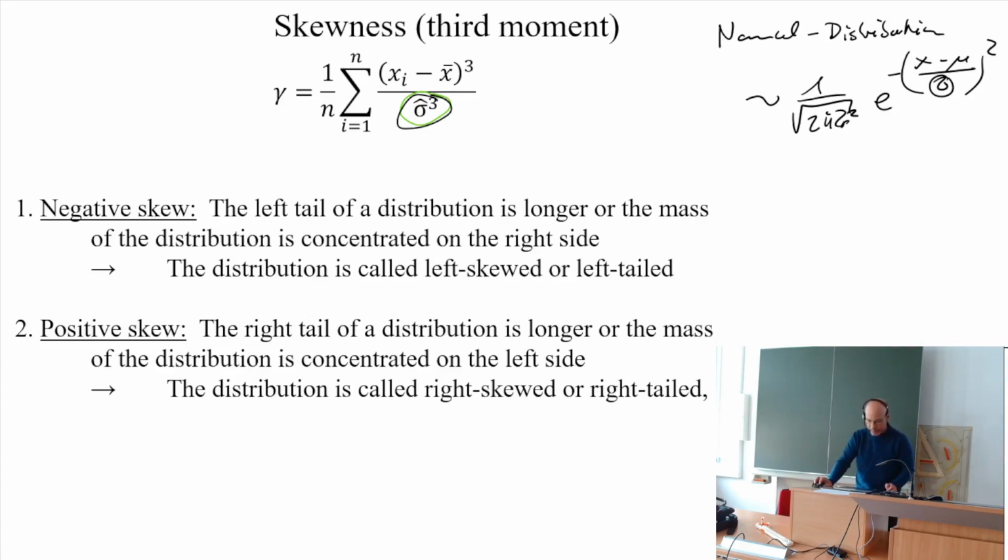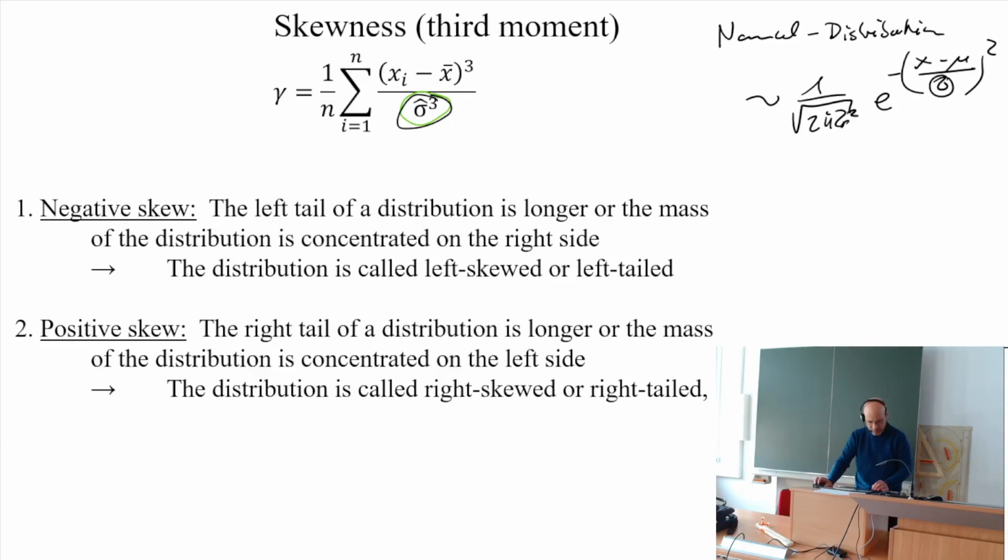then let's calculate the skewness. So now it's the distances to the third exponent, not squared, divided by the unbiased or the biased standard deviation. Which one do I take here?